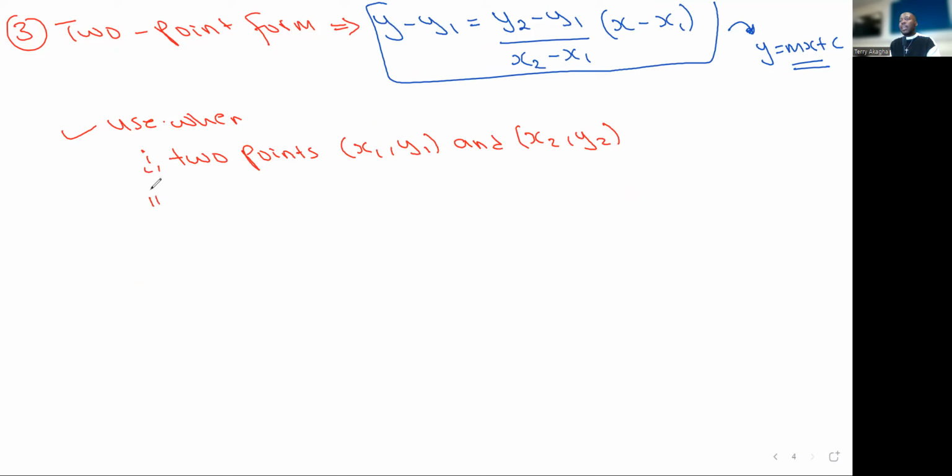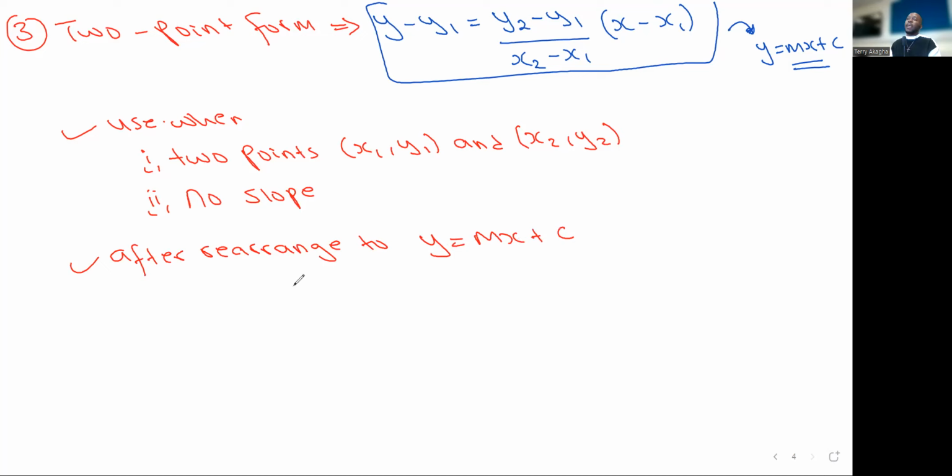But in that question as well, no slope was given. So when you have only the 2 points, x1, y1, x2, y2, then you have to use the 2-point form. After that, you have to rearrange it to the slope-intercept form, y is equal to mx plus c.